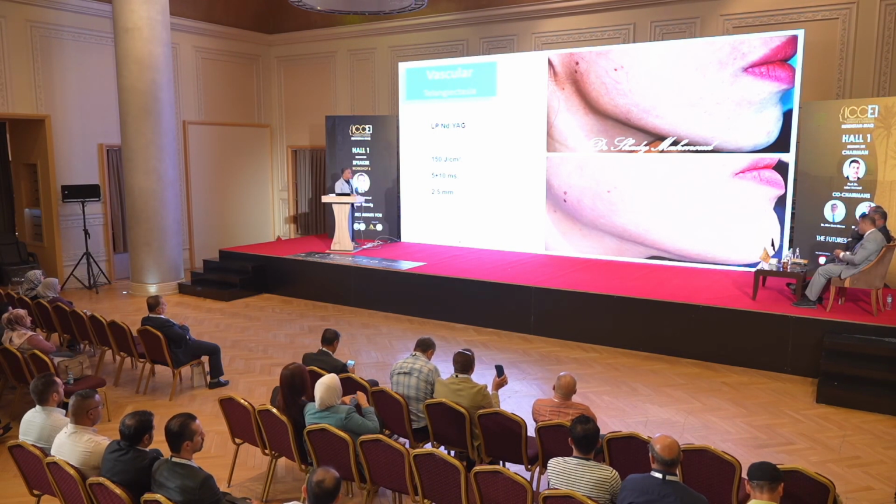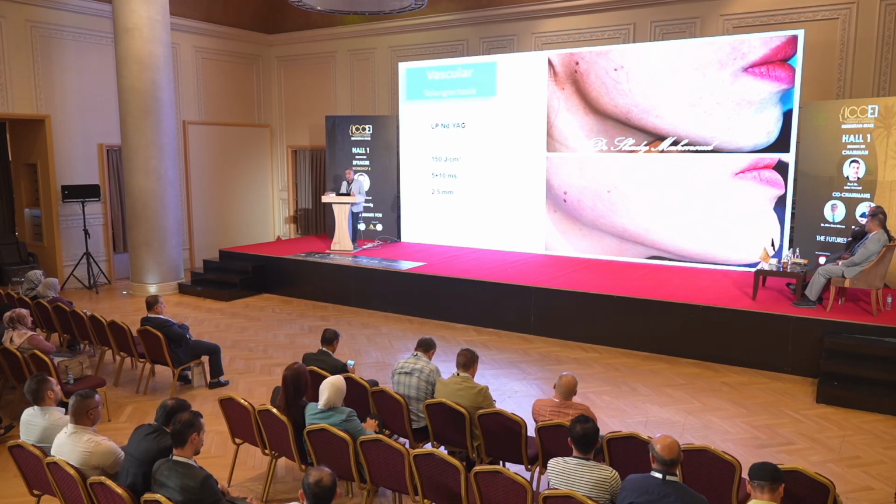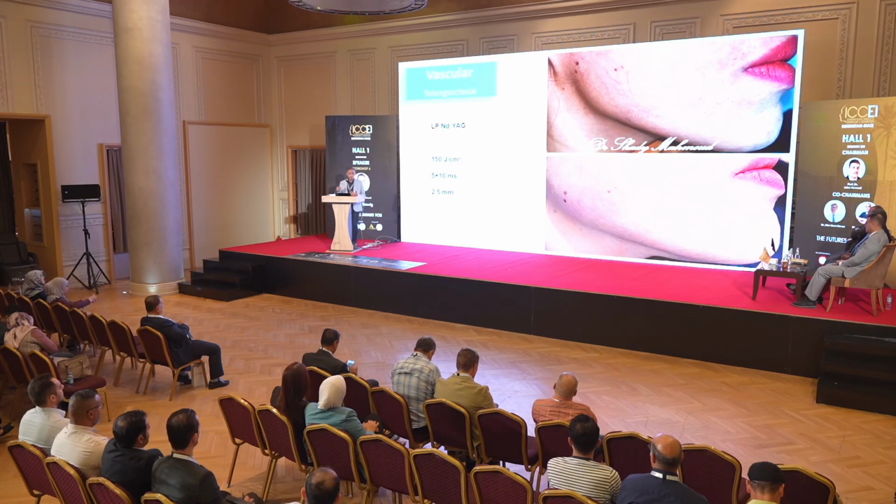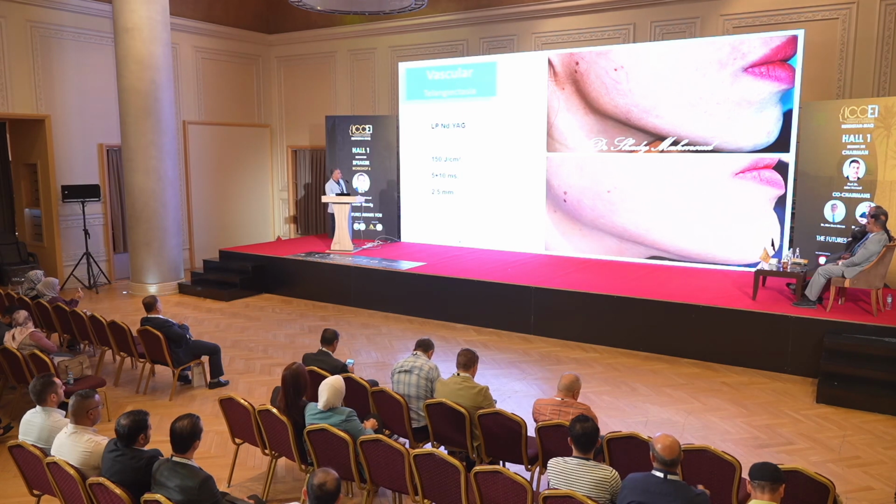We choose a duration suitable for the size of the blood vessels. When you have small blood vessels, use a short pulse duration. When you deal with large blood vessels, select a large pulse duration. And here I used around 550 joules per centimeter squared.